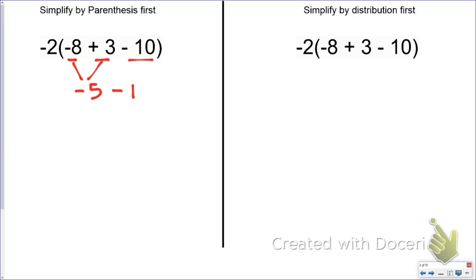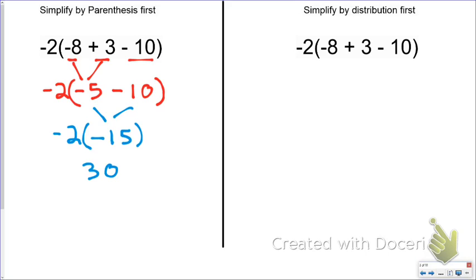Then I can bring down my -10, bring down my parentheses, and the -2. Then I can simplify further. -5 and -10 equals -15. Bring down my parentheses and my -2. And then I have a -2 times a -15, and that equals a positive 30.